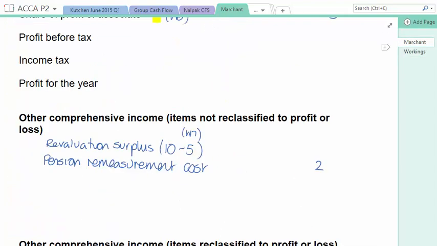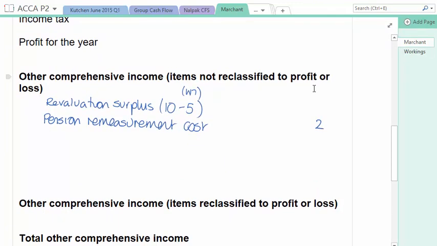And I'm also going to go to other comprehensive income not reclassified to profit or loss. Revaluation loss 2.2 from working number 11.